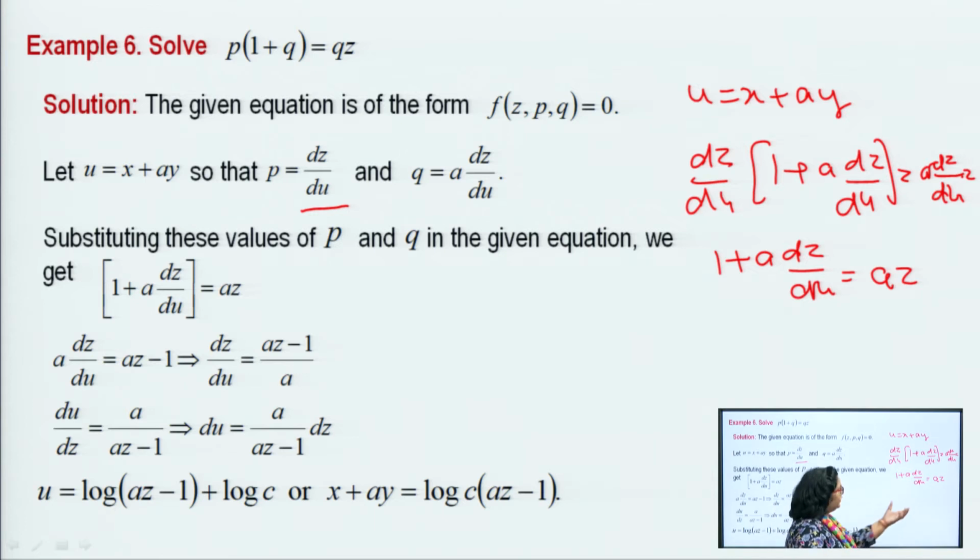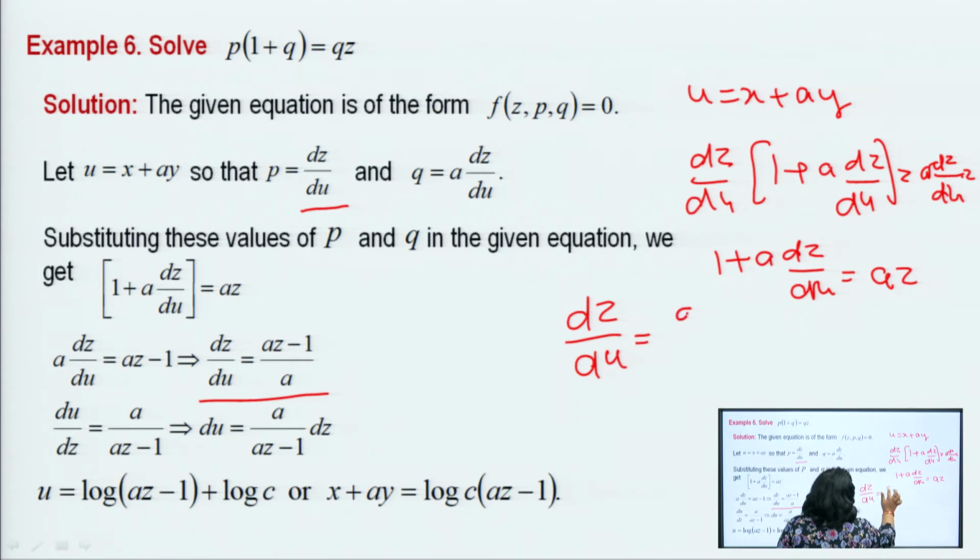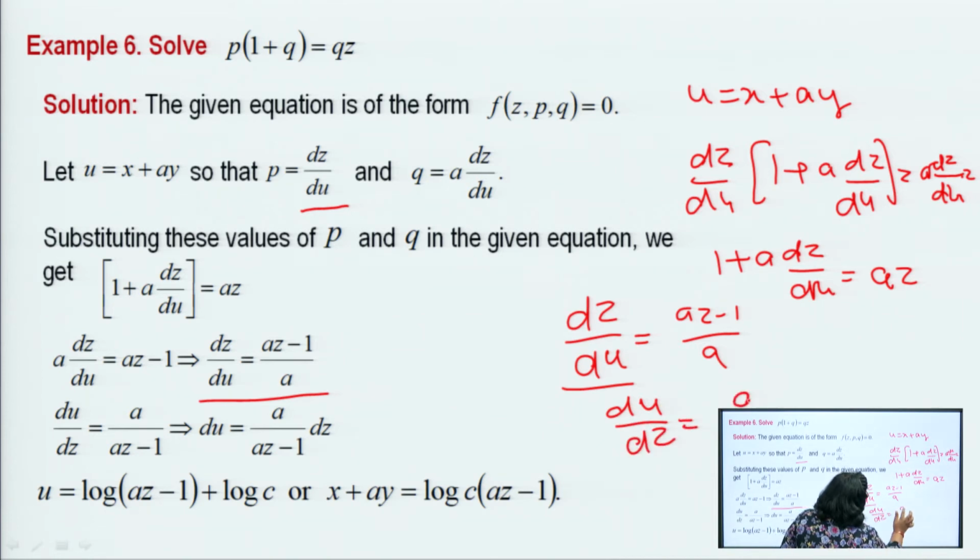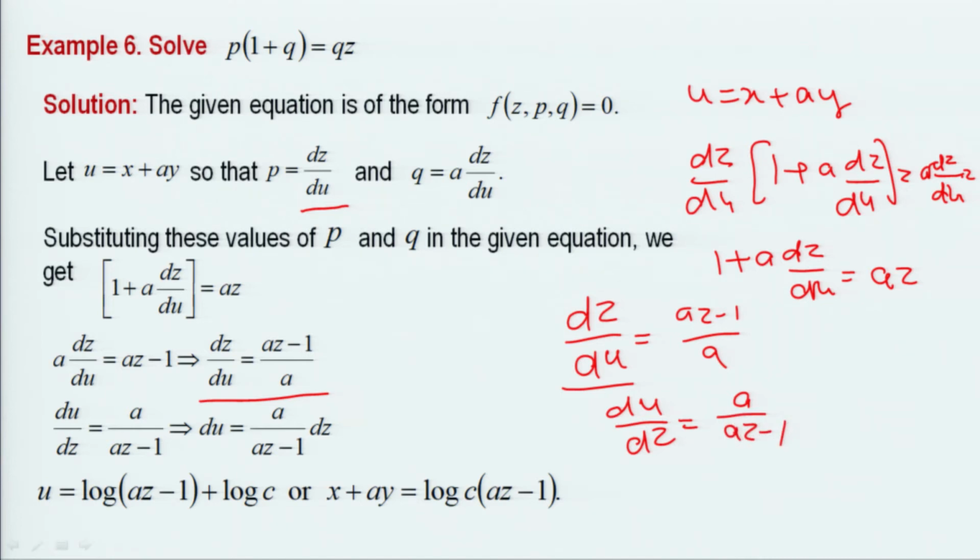We separate the z variable on one side and u on the other. Because we want the solution in the form of u, we write du/dz = a/(az - 1), so du = a/(az - 1) dz.